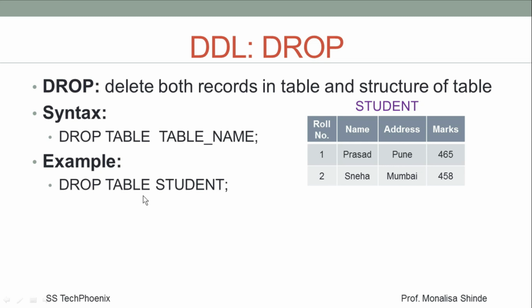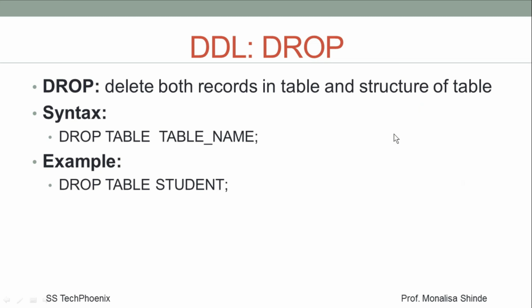If we write drop table student, then it will delete all the records from the table student, along with the whole structure of the table. Means the whole structure will also be deleted from the database. If we execute this command, everything will vanish from the system and there will not be any trace of the student table in the database.